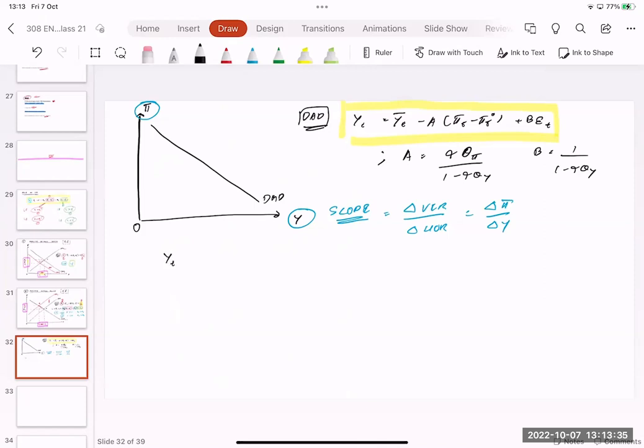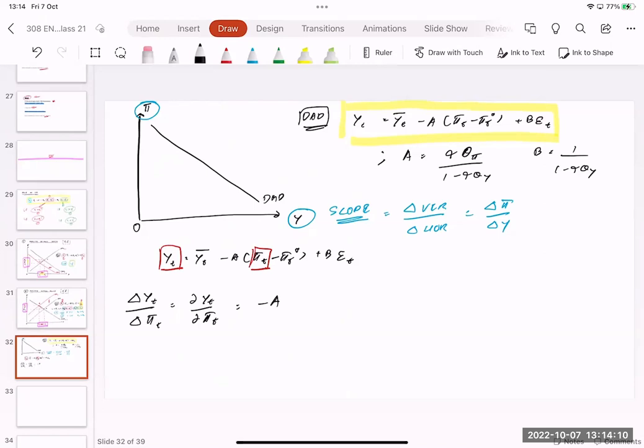From the main equation, Y_t equals Y_t bar minus A times (pi_t minus pi_t star) plus B epsilon_t, I'm going to do the calculus. Delta y_t over delta pi_t, the partial derivative of y_t with respect to pi_t. I do the basic calculus, and what I get is minus A. Very simple.